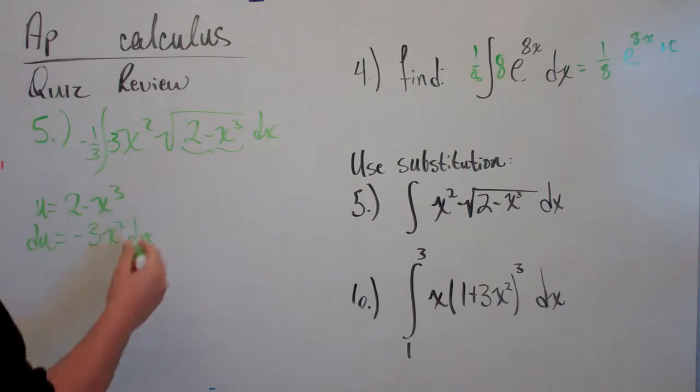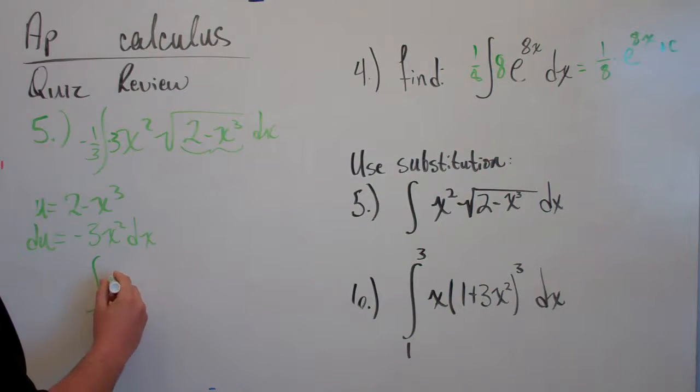And then we're going to have to multiply by negative 1/3 out here. Alright? So now, all of this gets replaced with the integral negative 1/3 times the integral of u to the 1/2 du.